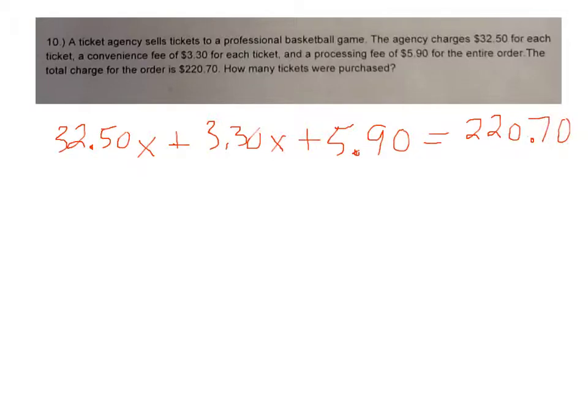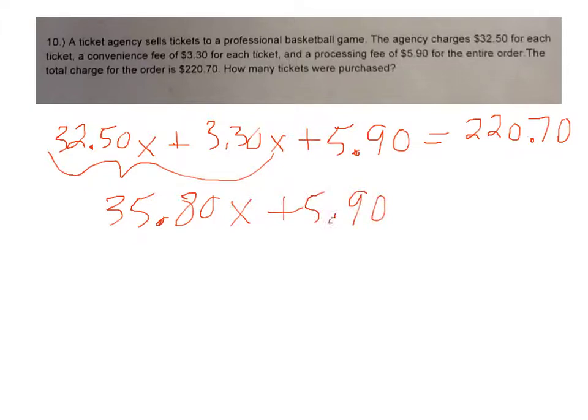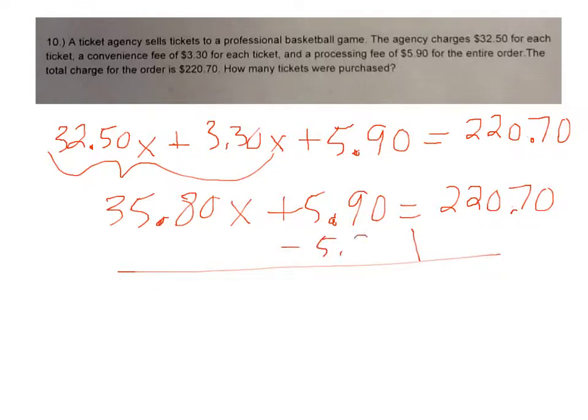The final charge is going to be $220.70. So I'm going to start here by combining the like terms. If we put $32.50 and $3.30 together, we get $35.80x plus $5.90, and that still all equals $220.70. Going to work to get that x by itself, so I'm going to subtract 5.90 from both sides.